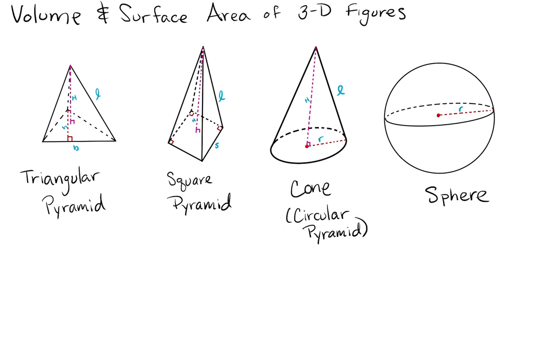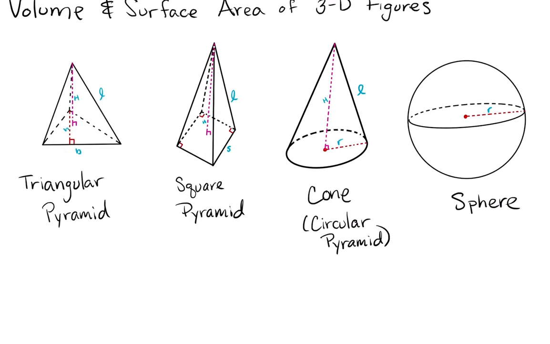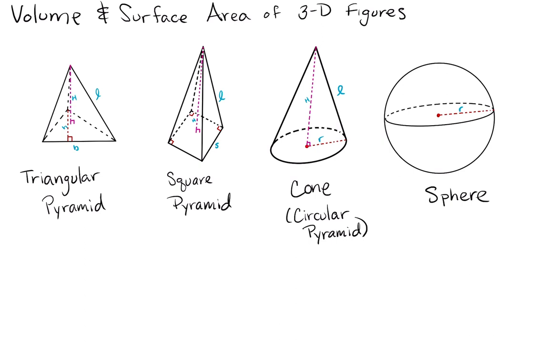The first shape we have here is a triangular pyramid. If you look at the bottom here where these black dash marks are, the base of this pyramid is a triangle. When we're looking at the letters that are defining this shape, we have a lowercase b here that represents the base of the triangle. The red dash mark here has a lowercase h on it that represents the height of the base triangle, used in calculating area and volume.